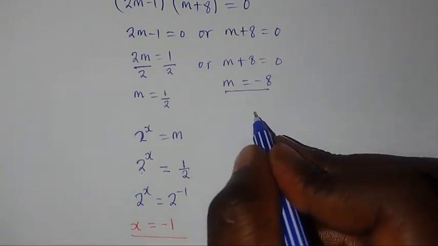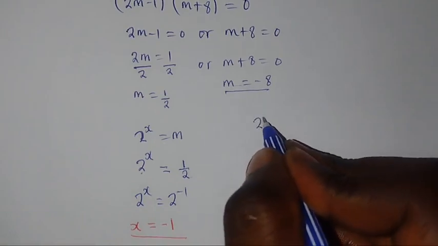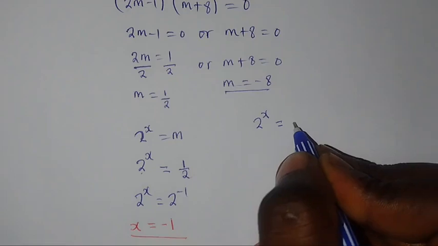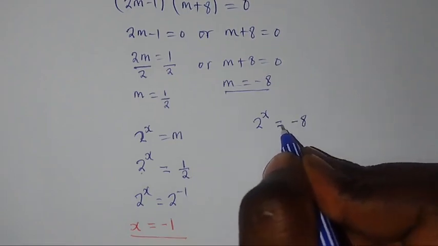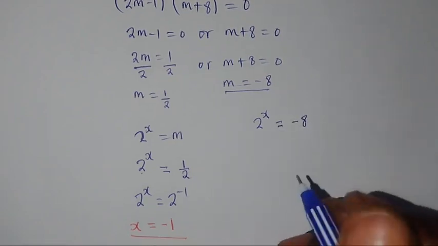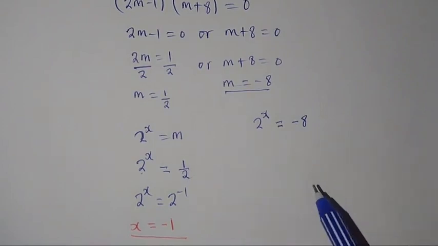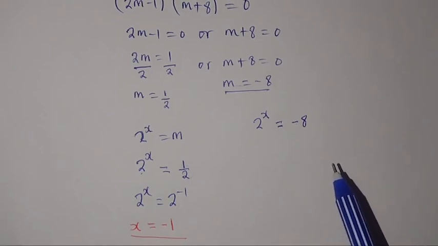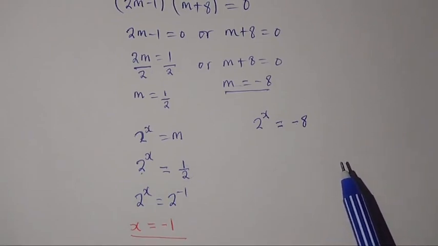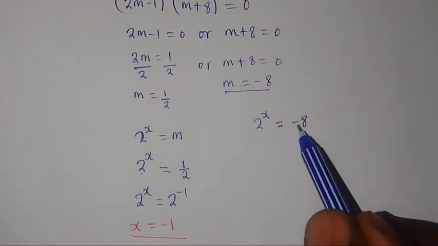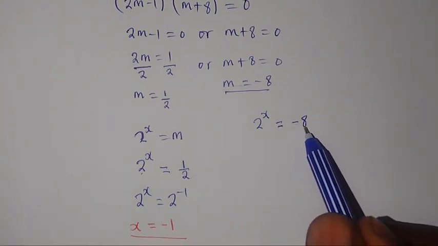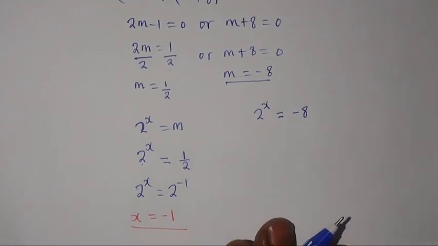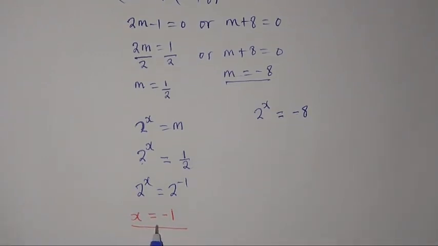For this one, we say 2 to the power x is equal to negative 8. Where there is m, I've substituted the negative 8. For this one, the value of x is not going to be part of the real numbers, because you have a negative 8. So the real solution will just be x is equal to negative 1. Okay, so we have answered our first one.